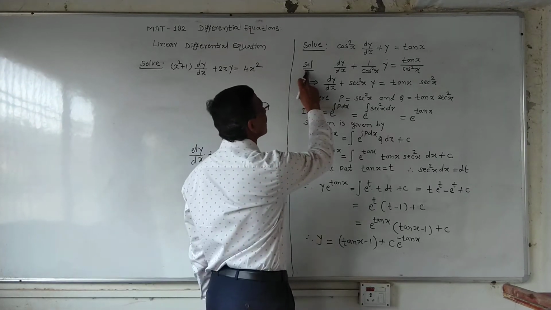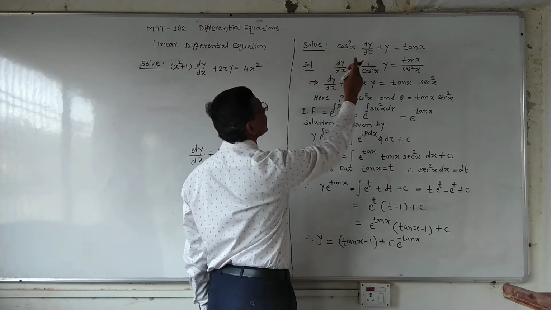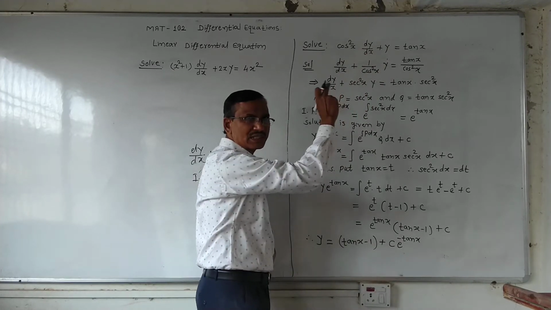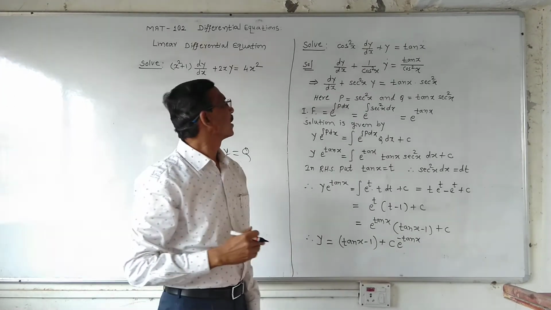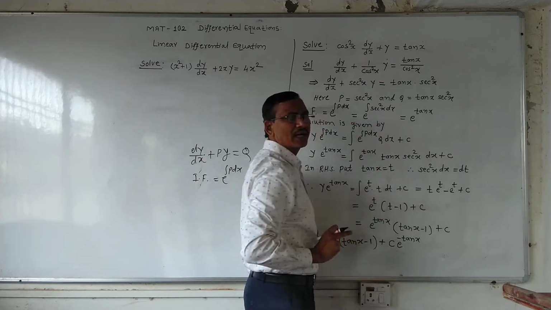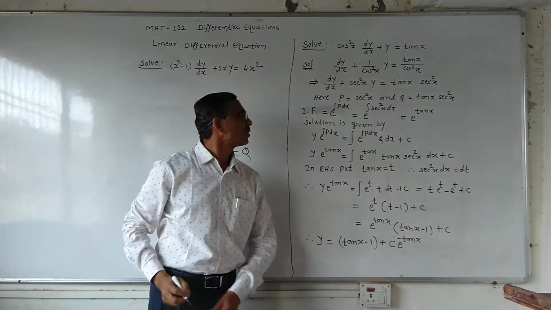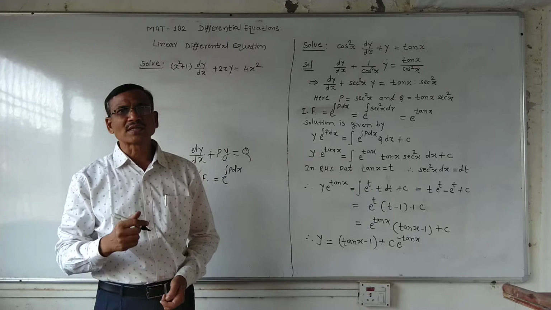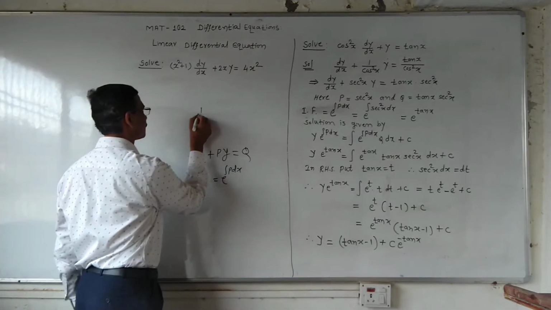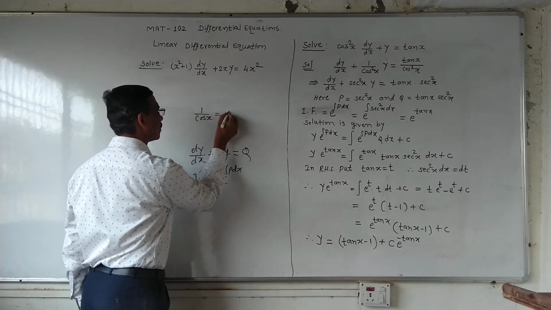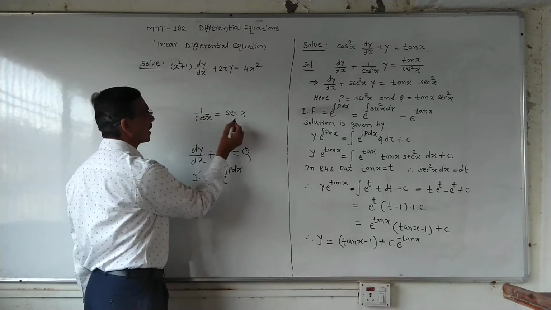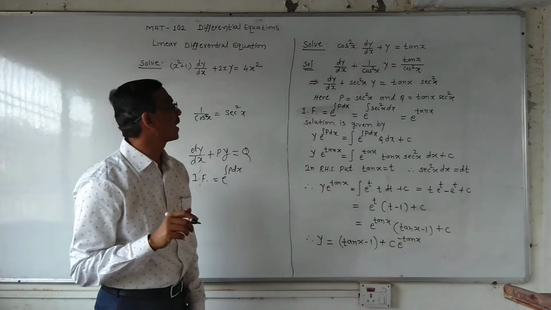Dividing by cos square x, this becomes dy by dx plus y upon cos square x, that is, 1 upon cos square x into y, is equal to tan x upon cos square x. But we know that 1 upon cos x is sec x, and therefore 1 upon cos square x is sec square x.